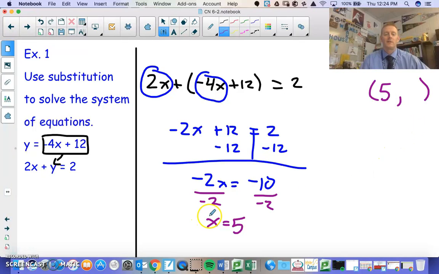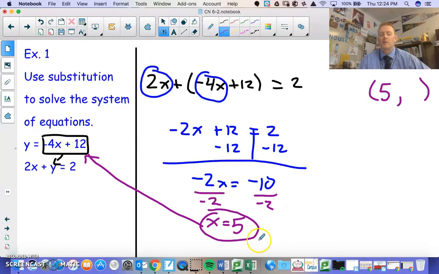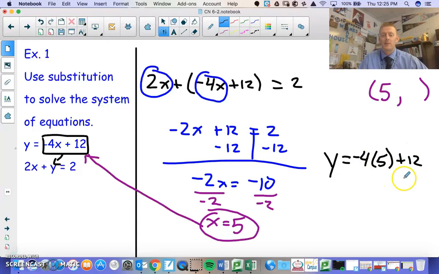Now my next step is to use the fact that we know that x is 5 and to choose one of these two equations to plug it back into. Now I think it might be easiest to plug it back into this one so that we already can figure out what y equals pretty easily. So let's do that. So we're going to say y is equal to negative 4 times that 5 plus 12. Now notice all these steps that I'm actually showing instead of just fake showing it. That way we know we're doing things correctly.